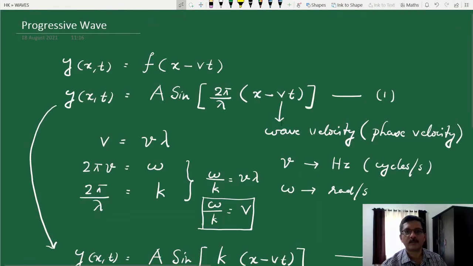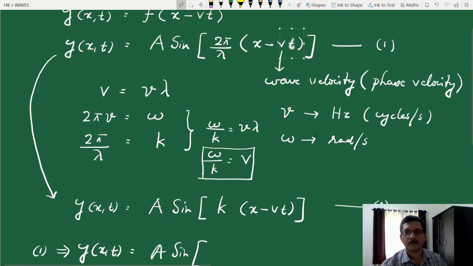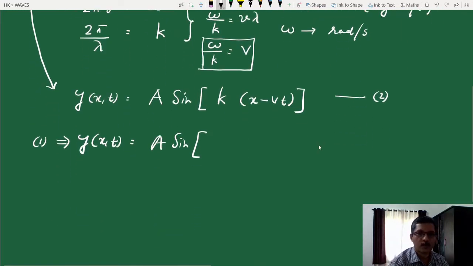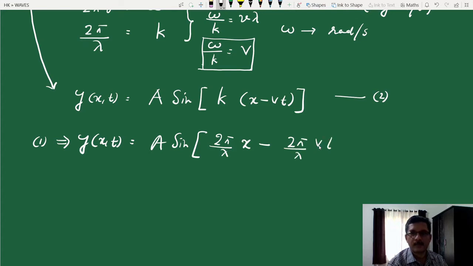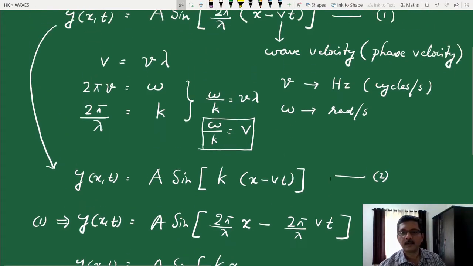Let's go back to equation 1. So I am multiplying 2 pi by lambda with these two terms. So we have, the first term is 2 pi by lambda times x minus 2 pi by lambda times vt. Now this you can write as, 2 pi by lambda is k, so it is kx minus 2 pi v by lambda.